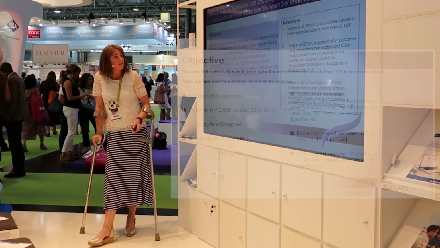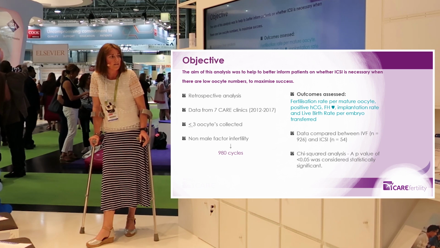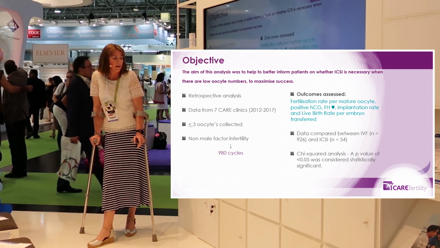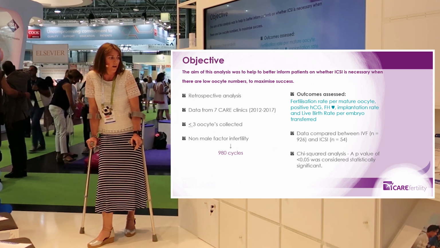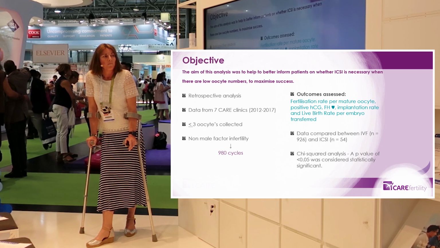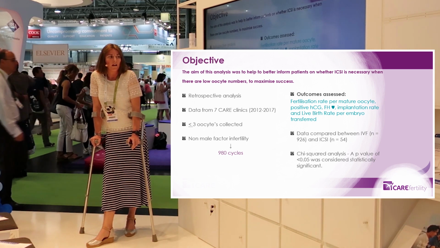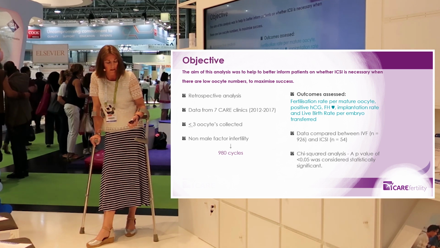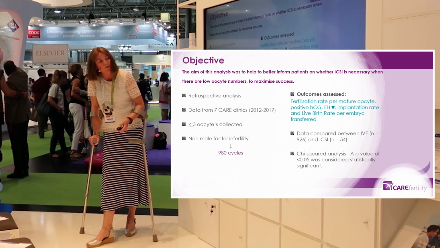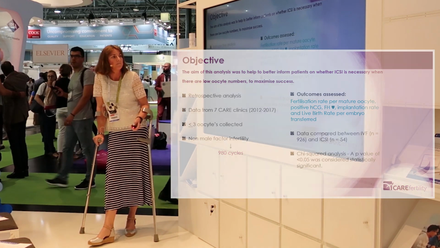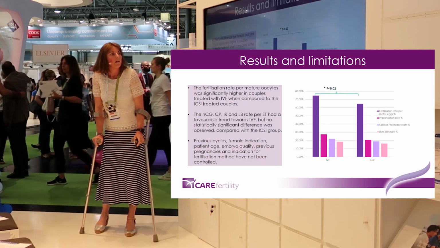So again, we looked at our own in-house data, same time period, same number of clinics, and we had 980 cycles in that group. We compared the clinical outcomes again: 926 with IVF and 54 with ICSI.